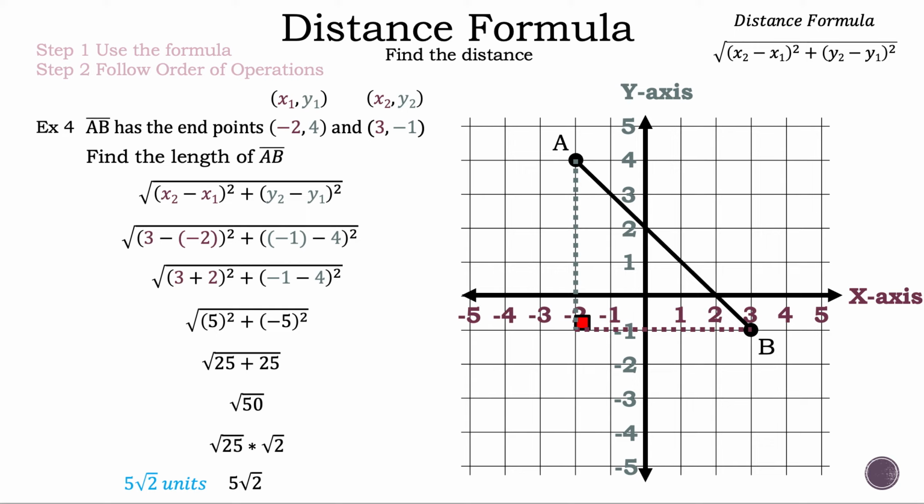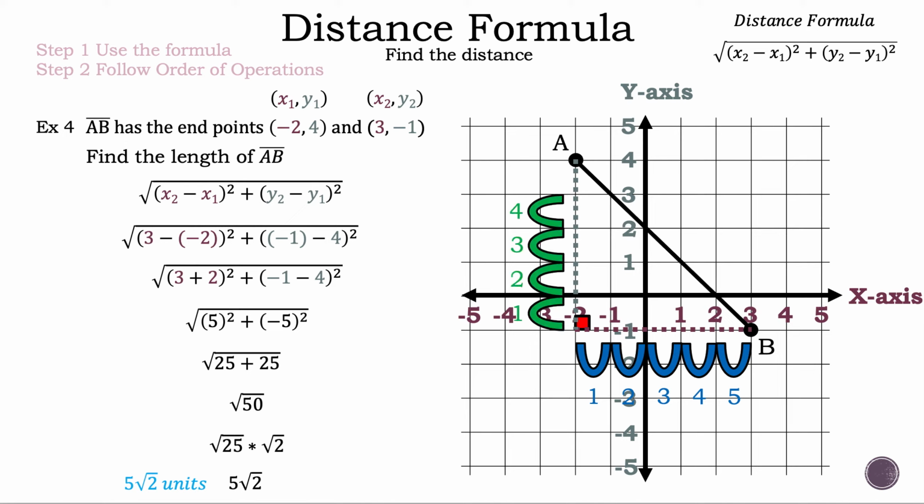Now, let's find the measurements for these 2 legs by counting from the right angle to point B. So we have 1, 2, 3, 4, and 5. Now let's count to point A. So we have 1, 2, 3, 4, and 5. Both legs are 5 units long.